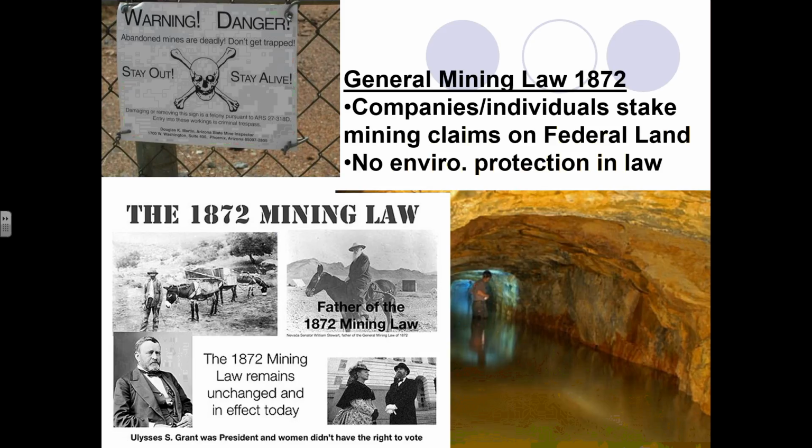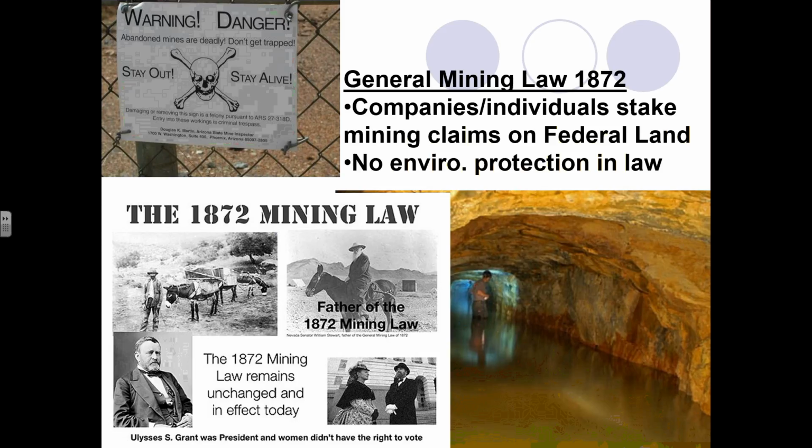As you can see in the second bullet point, there's no environmental protection in the law. So people and companies would leave abandoned mines that were heavily polluted. Instead of reclaiming the land or fixing up the mine, they just left these old abandoned mines.